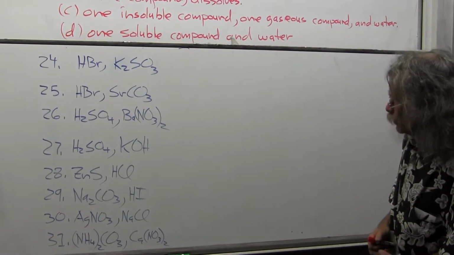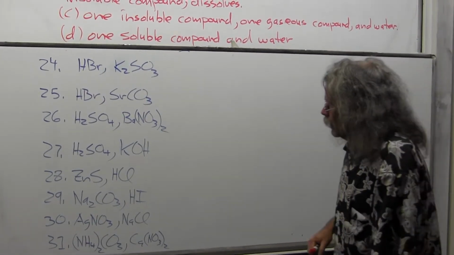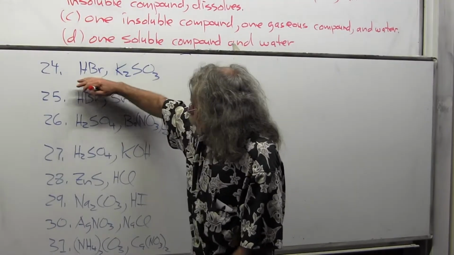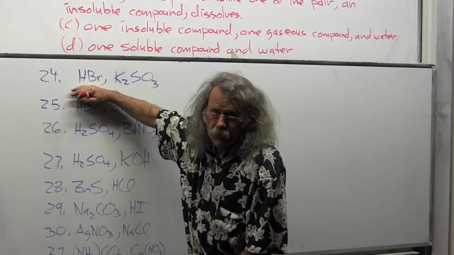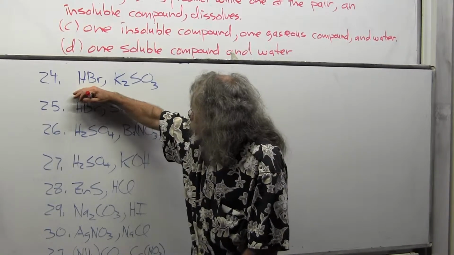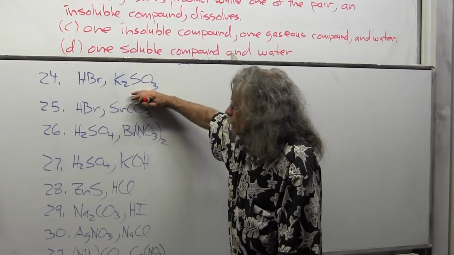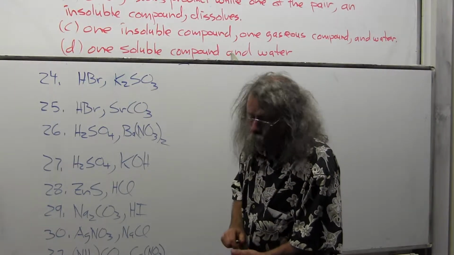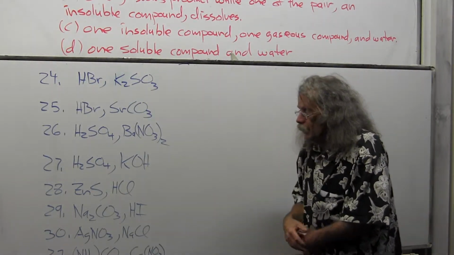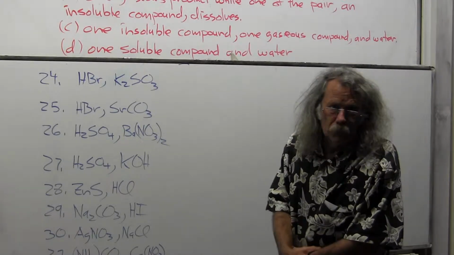Let's start with the first one, number 24. This pair is HBr, which when placed in water is hydrobromic acid, and potassium sulfite. The first question you have to ask is, are these soluble?